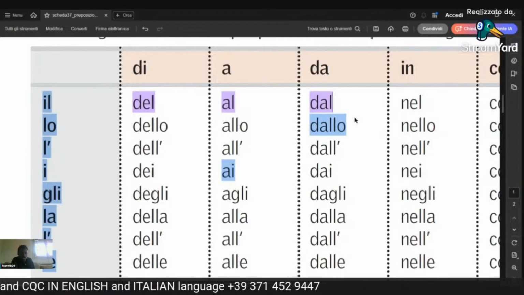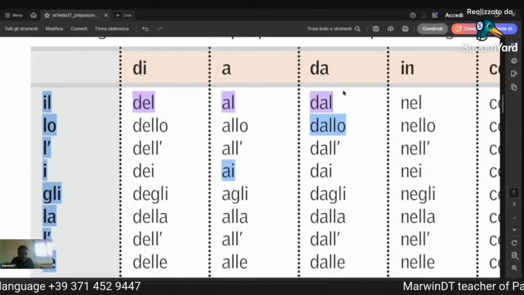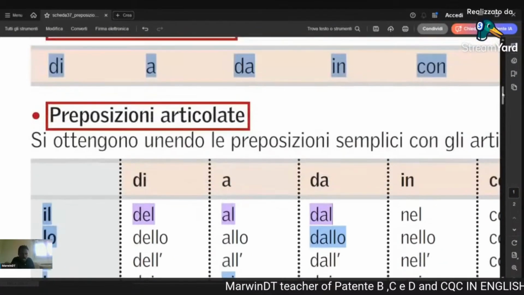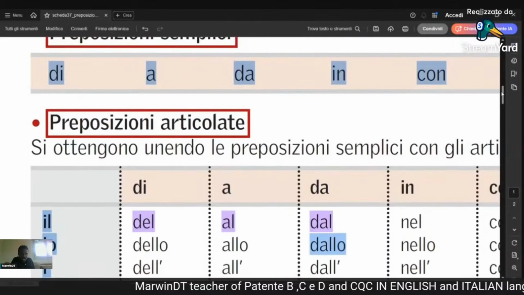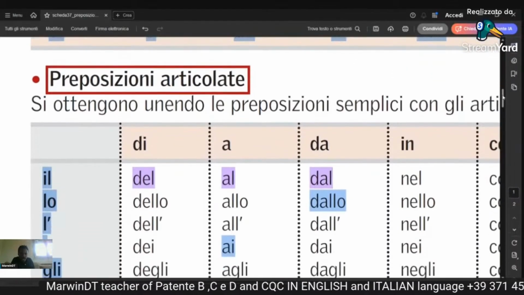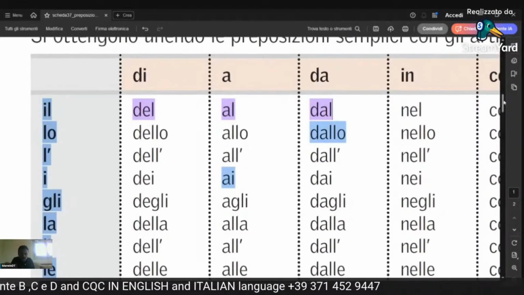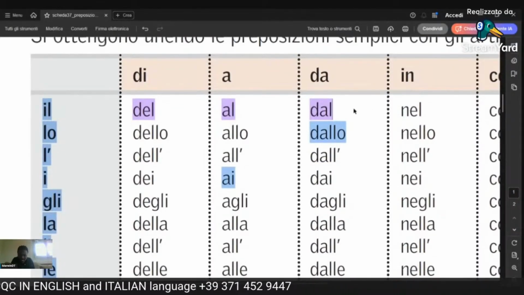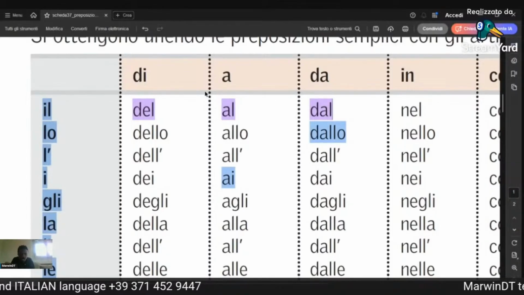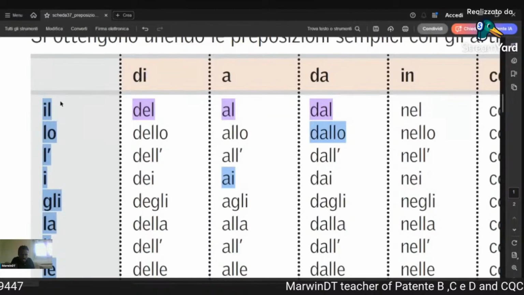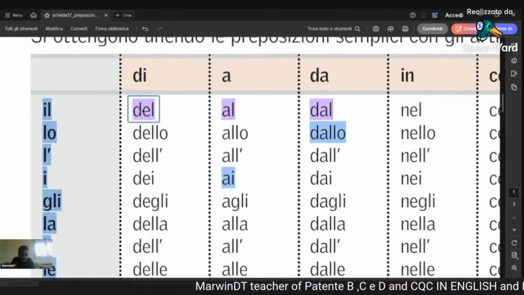How is it done? It's very simple. The preposizione, which is di, a, da, in, con, su, per, tra, fra, takes the head or begins the formation. That is why here we have d. With addition with il, it becomes del.